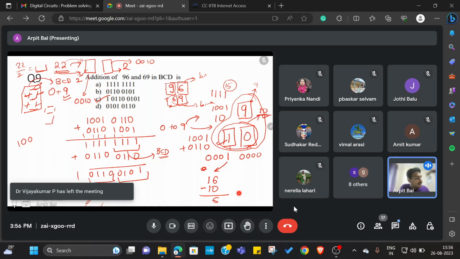And 1 and 0, if you convert it into decimal, will be 16, and it would have been 10 in decimal. So 16 minus 10 is 6. So we need a correction factor of plus 6. I hope this particular question is clear.